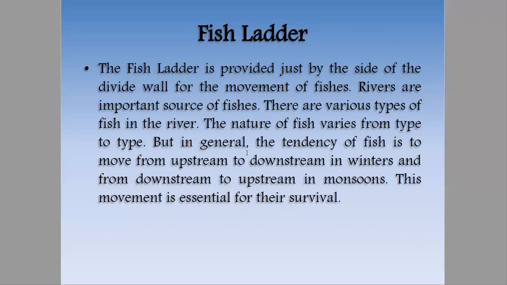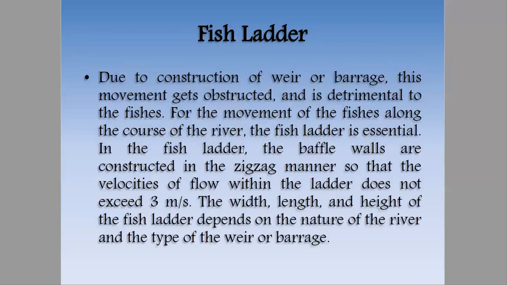This movement is essential for their survival, for their life. Okay, so why do we then need a fish ladder? We'll see. Due to the construction of a weir or barrage, this movement gets obstructed. What will happen if we provide a structure that won't allow fishes to pass through?